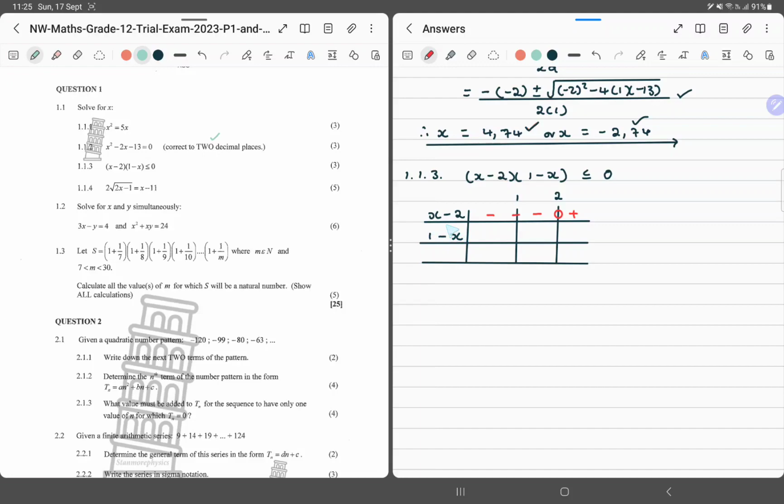Then we come to the next binomial factor. We ask ourselves again, when will it be 0? When x is 1, right? Because 1 minus 1 is a 0. Now, we want to check this region. What happens when we put a value between 1 and 2?